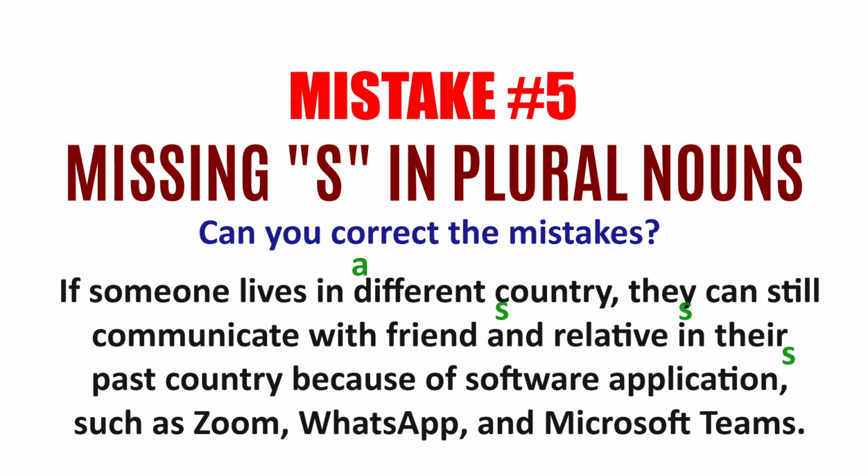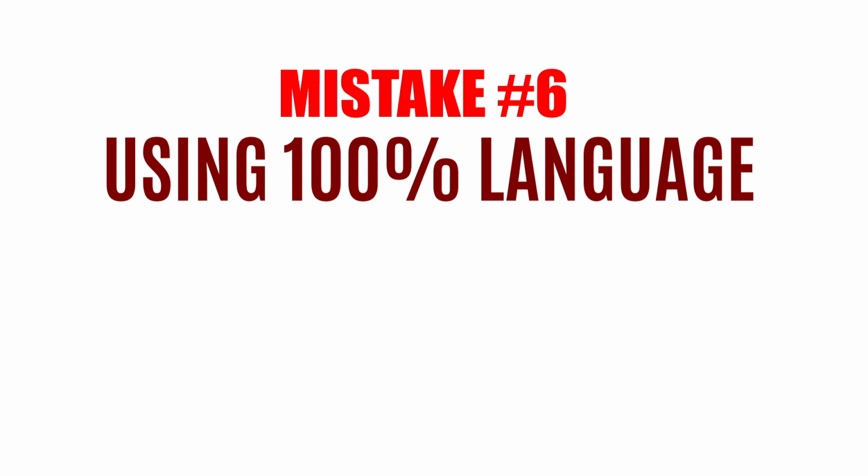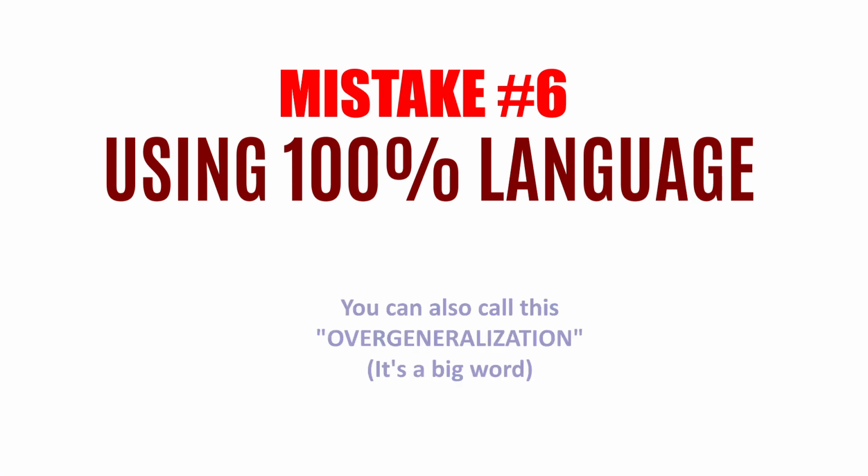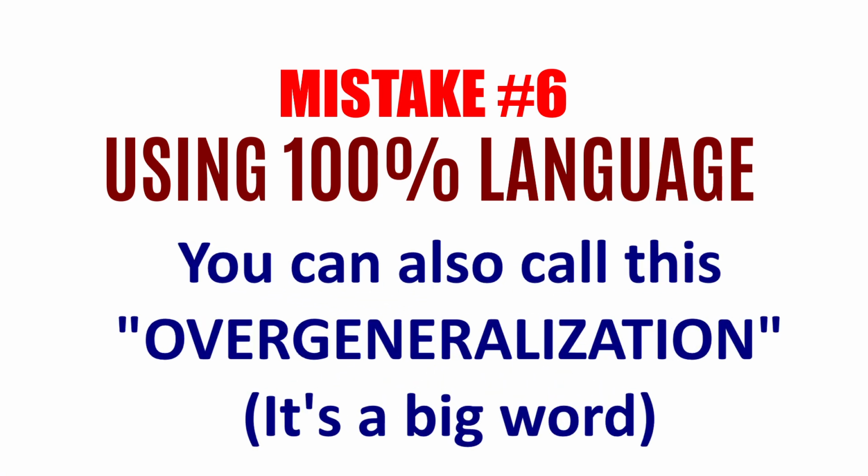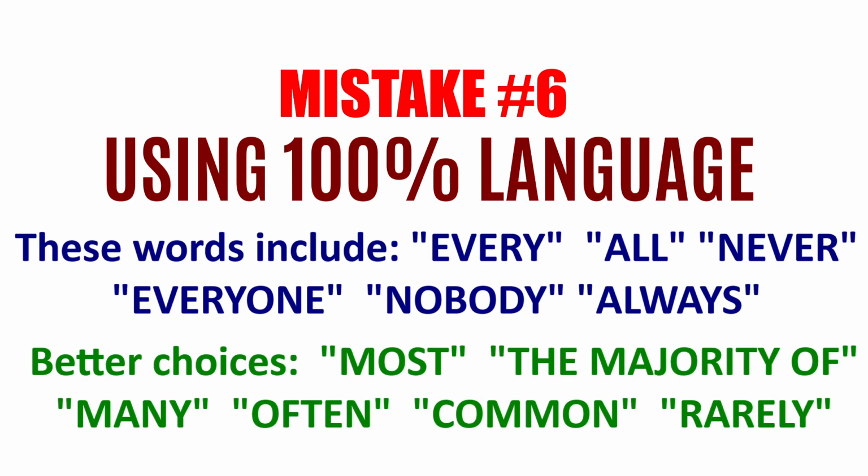The final common mistake is using 100% phrases. This is overgeneralization. So these are words like everyone, all people, every person, never, nobody, and not using most, some, a large percentage. This is an overgeneralization.